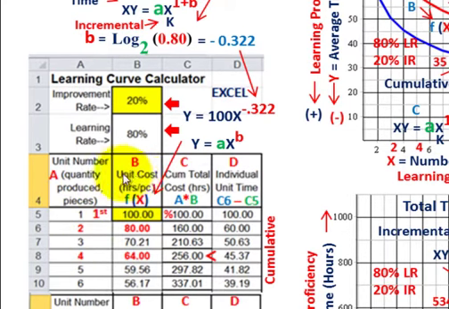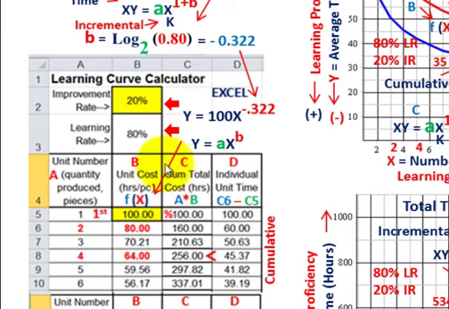But what's common between these two different models, the cumulative model and the incremental model, is this unit cost function, f of x. We're going to start with a unit cost in our learning model, say 100 hours. But what is this f of x function?